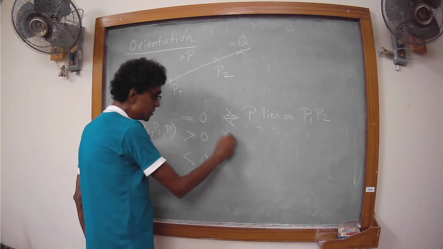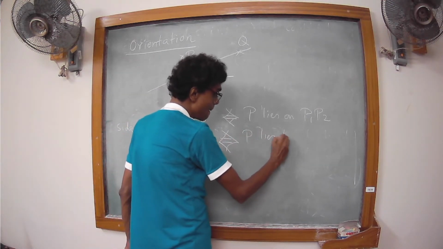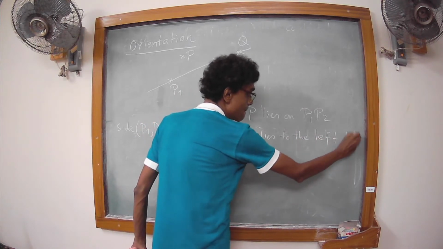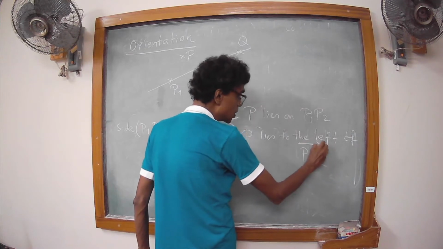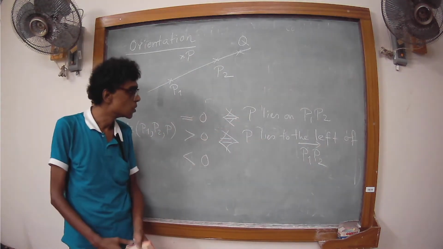And it is greater than 0 if and only if, but now, of course, you require orientation. So maybe I can write it this way, P1 to P2.